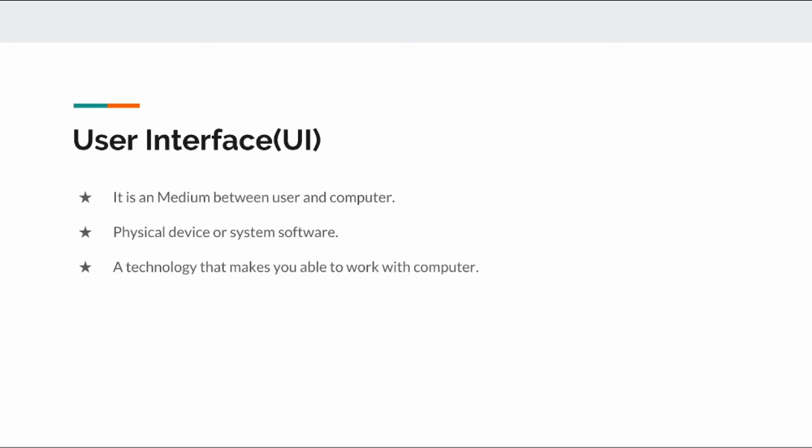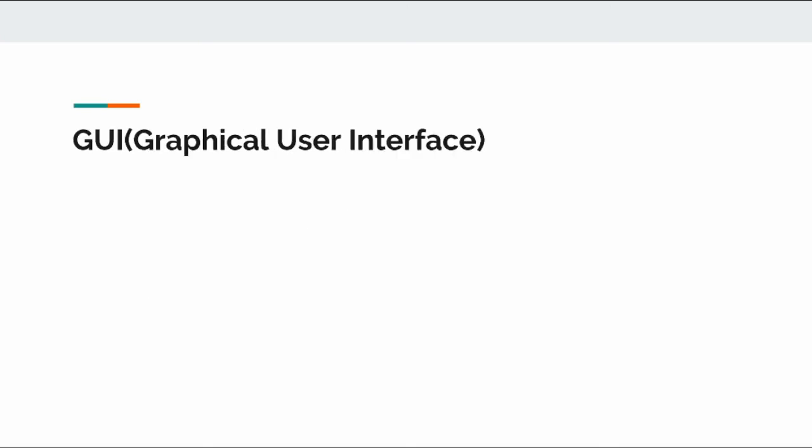That is user interface. And we have examples of user interface in the terms GUI and CUI. These are the types of user interface. Let's see them one by one.